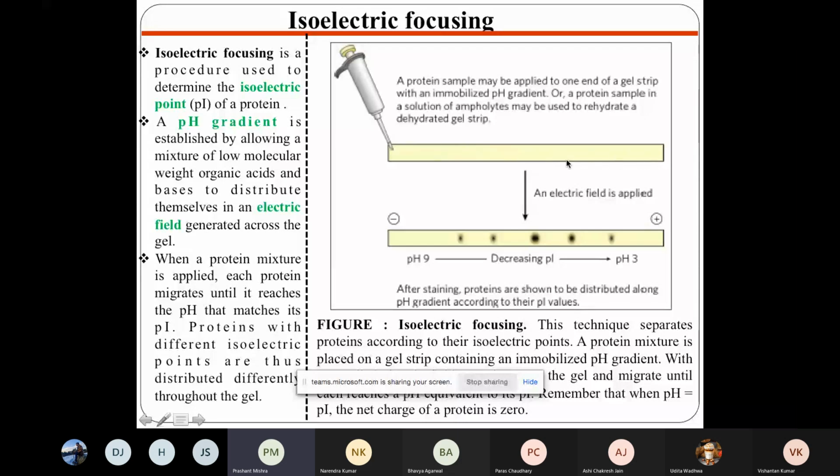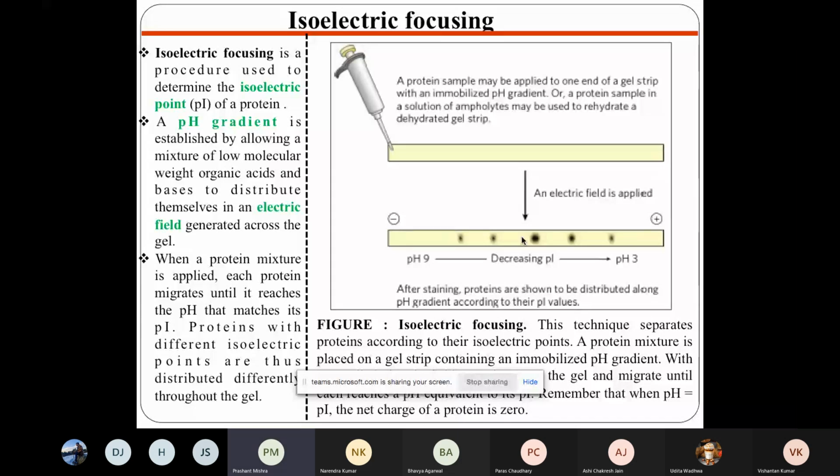And what you do is that you apply your protein sample, and then you apply the electrical field. After applying the electrical field, you will see that the proteins will start migrating, and they will stop migrating at a point where their pH is equal to the isoelectric pH. And that is what is determined as the isoelectric point.